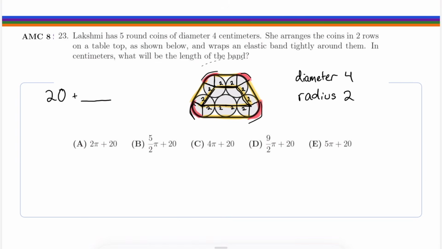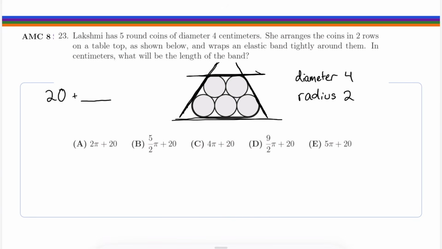All right, I'm going to erase this to try something else. Okay, so I'm going to draw a few parallel lines. I'm going to draw a line tangent here, a line tangent here, a line tangent to these 3 coins, and a line tangent to these 2 coins.